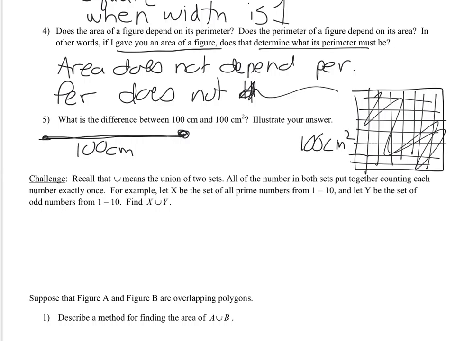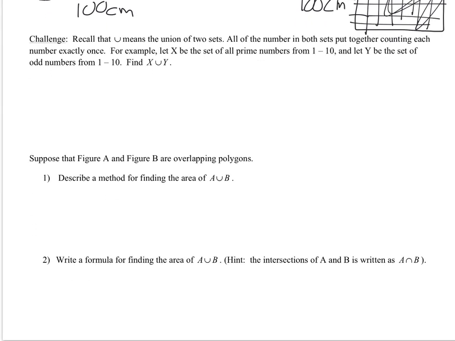Okay, the challenge. Recall that U means the union of two sets. All of the numbers in both sets put together, counting each number exactly once. For example, let's let X be the set of prime numbers from 1 to 10. So 1 is not prime, 2 would be the first prime, then 3, then 5, then 7, 8, 9, and 10 are not prime.